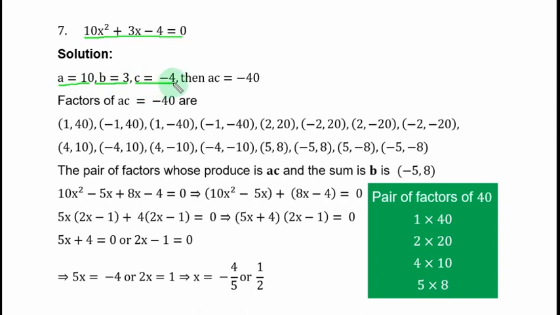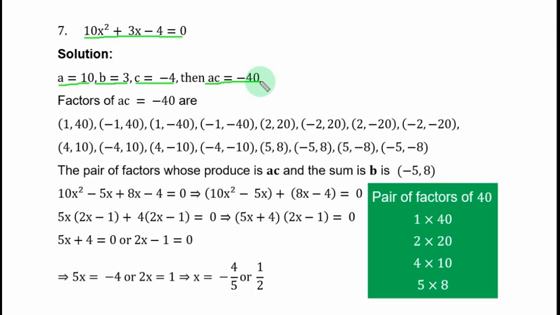So we go by the second approach, since a is not equal to 1. And when a is not equal to 1, you look for AC, that is a times c, 10 times minus 4. So AC is equal to minus 40.